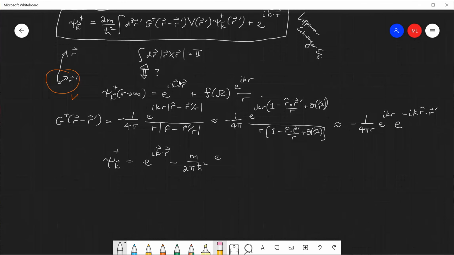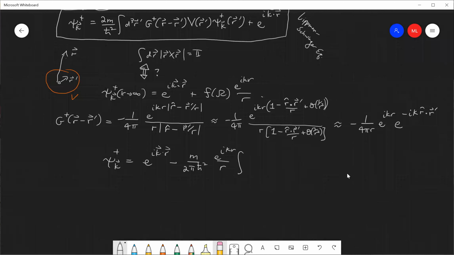We have the e to the ikr over r. So yeah, I guess maybe this is the other way to justify it. You can keep these other terms, but it would give you something that doesn't have a 1 over r in it. And I guess you could keep that and see what happens with it. But yeah, I don't know. Again, something to think about. Maybe you guys can think about it too.